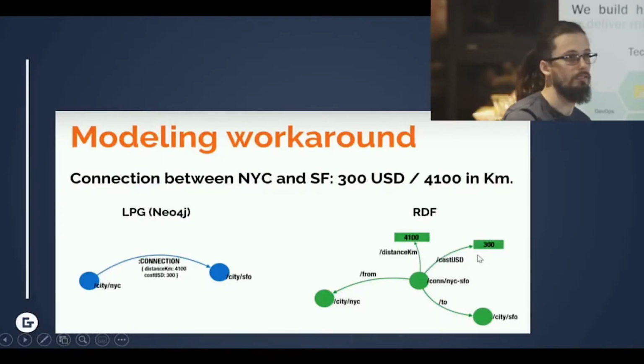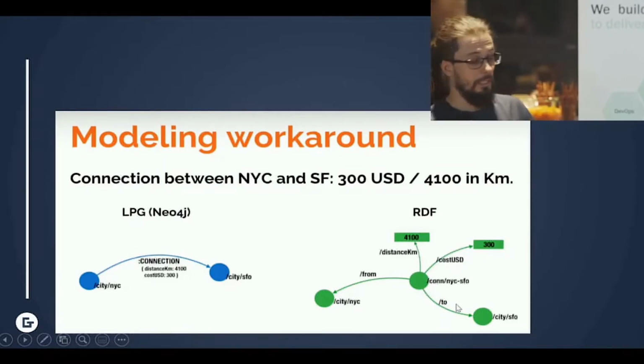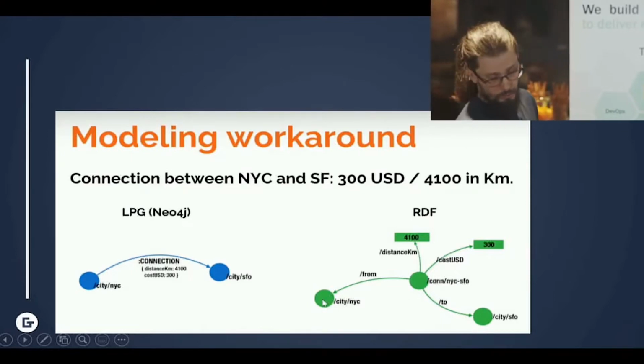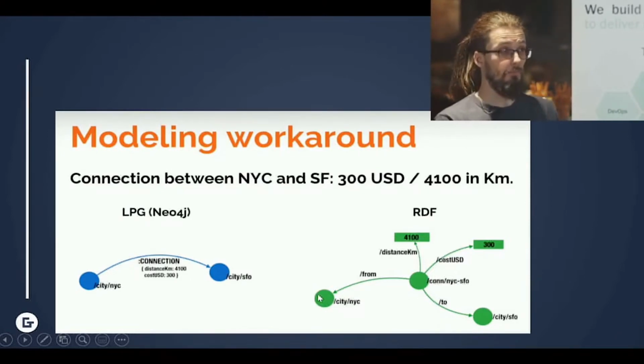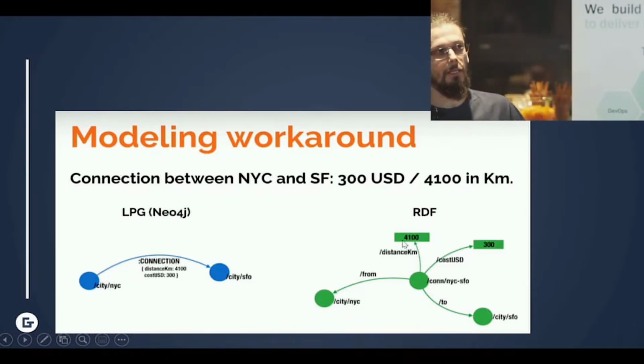So it's the edge, like from where the connection comes, or what's the distance, or to where it goes, right? And the object could be a node, so for example a city, New York City, or a literal value like the number of kilometers, okay?